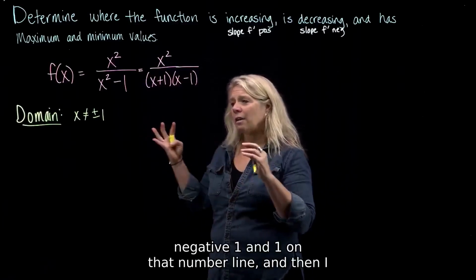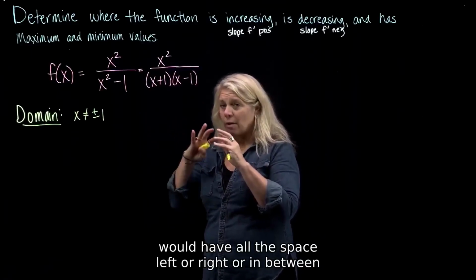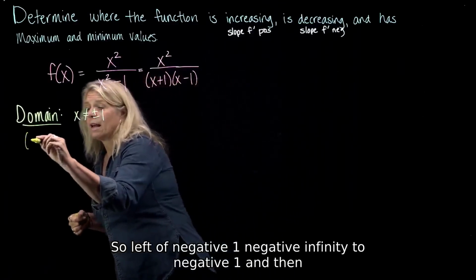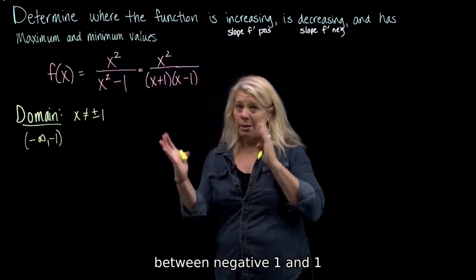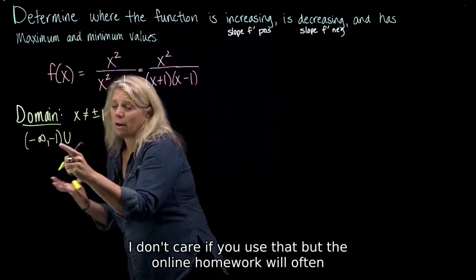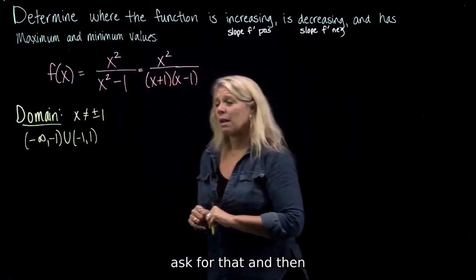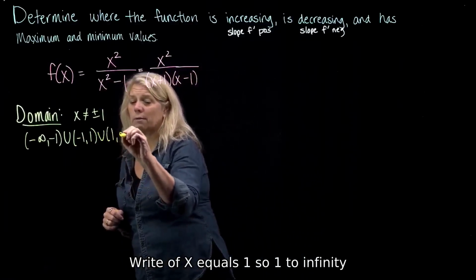I would have -1 and 1 on that number line, and then I would have all the space left, right, or in between. So left of -1, negative infinity to -1, and then between -1 and 1. So I'm going to put a union symbol. I don't care if you use that, but the online homework will often ask for that. And then right of x equals 1, so 1 to infinity.